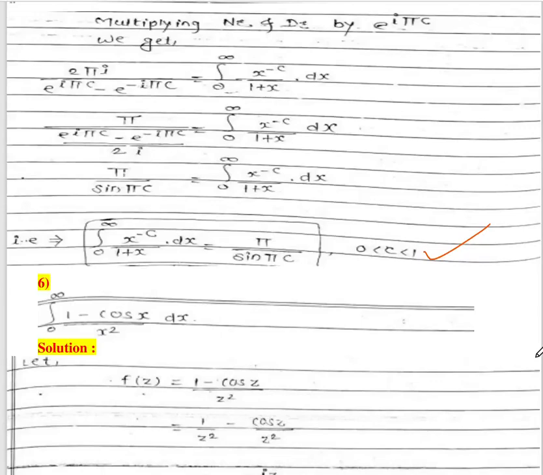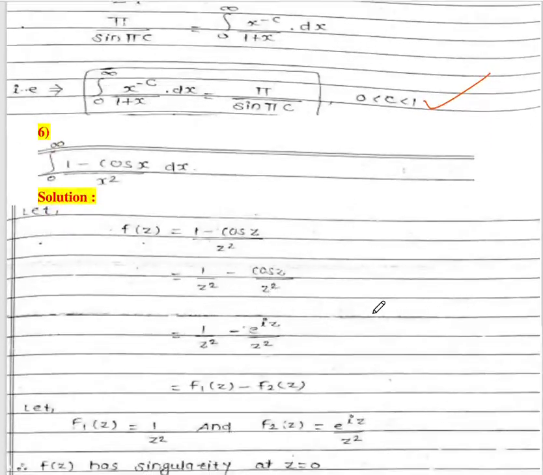Now we will see example number 6, where we have to find the value of the integral from 0 to infinity of (1 minus cos x) divided by x square dx. So let us consider f of z as (1 minus cos z) divided by z square.